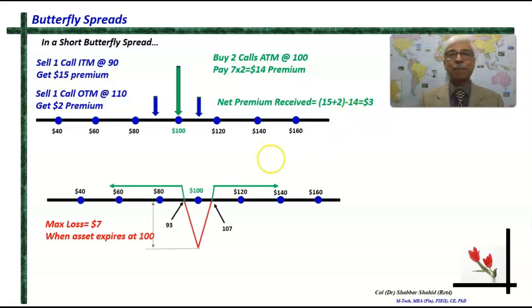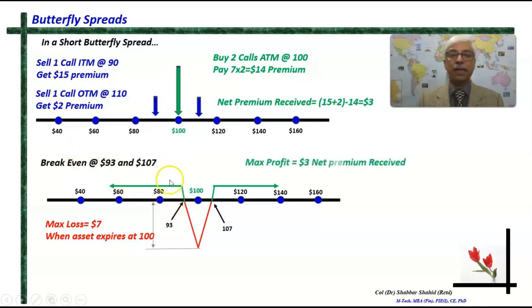And this is the payoff diagram which comes out of this strategy. All right. The same thing but inverted now. Your maximum loss is $7. When the asset expires at exactly 100 here in the center, that is your maximum loss. Your break even remains the same. Your maximum profit now is $3. That is the net premium that you have received.